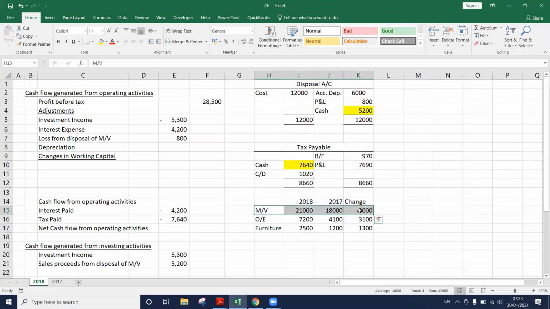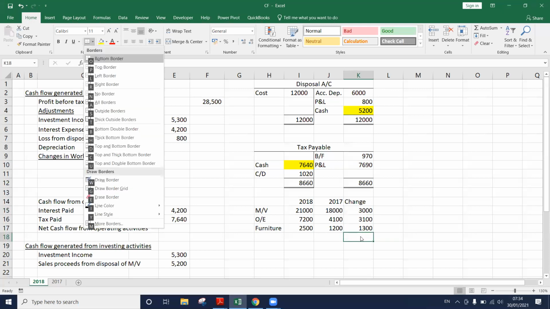Our problem here is only with the motor vehicle, because we have not disposed office equipment or furniture. So the depreciation amount relevant for the year for office equipment is this change, and for furniture it is 1,300. There are no disposals for these two asset categories. But for motor vehicle, we cannot consider this 3,000 as the depreciation for the period, because we have disposed a motor vehicle during the current period.